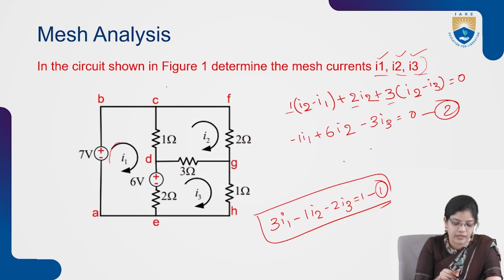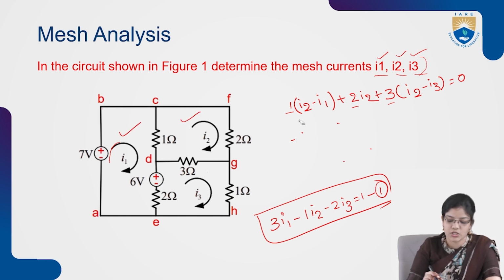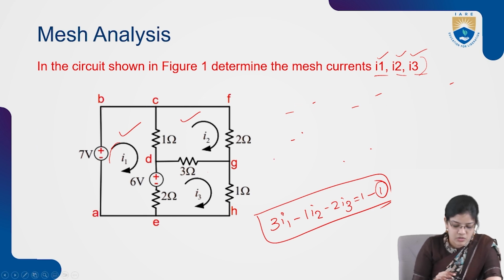Now we have calculated for the first mesh and second mesh. Now we have to consider the third mesh. The third mesh equation can also be written with the direction taken as clockwise. The 2 ohm element is considered first, connected in between I1 and I3.